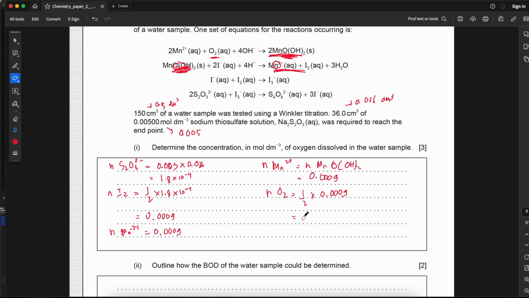You will get 0.000045. So for the concentration of oxygen, that would be 4.5 times 10 to the power negative 5 divided by volume, which is 0.1, and you will get 4.5 times 10 to the power negative 4 mol dm-3.